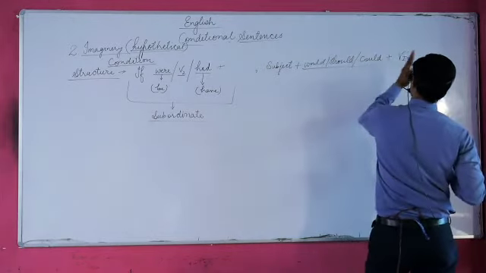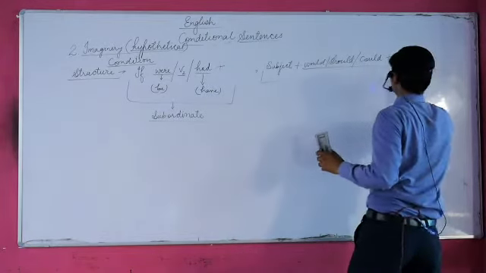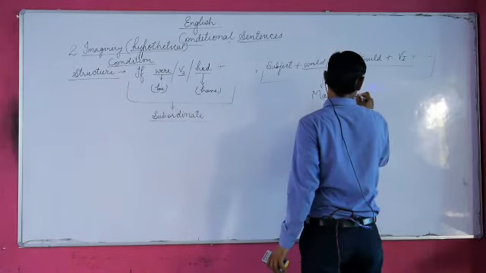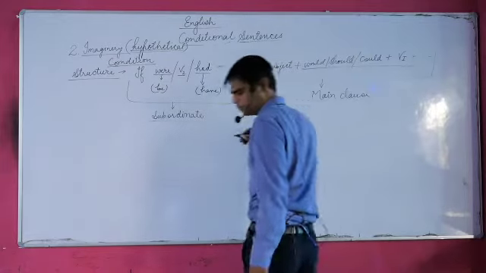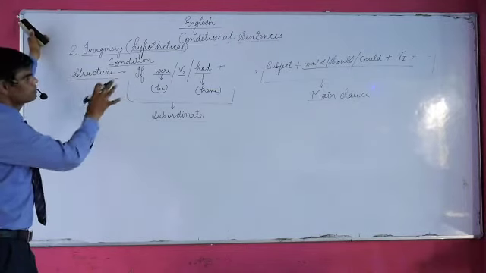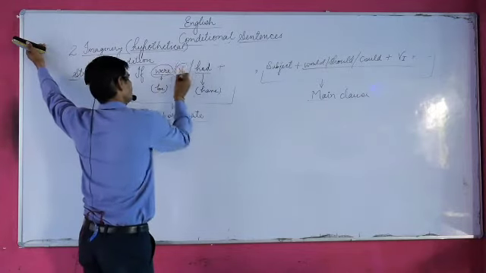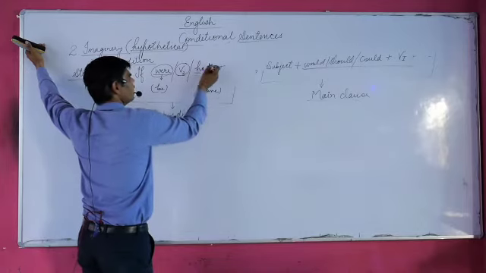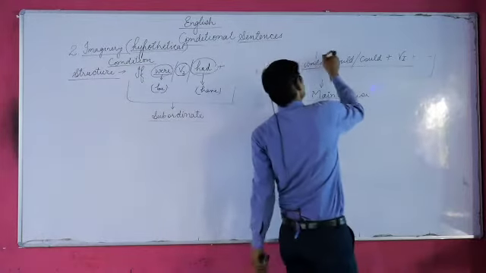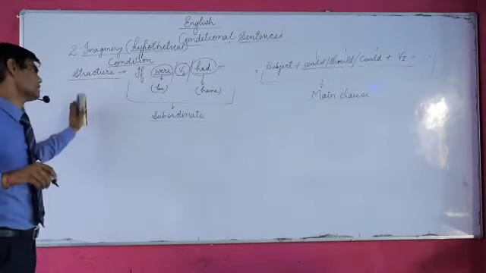Would, should, could and first form, remaining. This part of the sentence is known as main clause, principal clause. Understood? So these are the simple structures we have discussed: sometimes we have either were or second form, else a had also will be given, and we will have would or should or could and first form. Now we will see the examples.